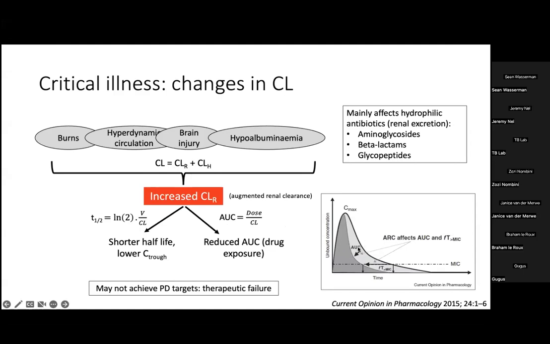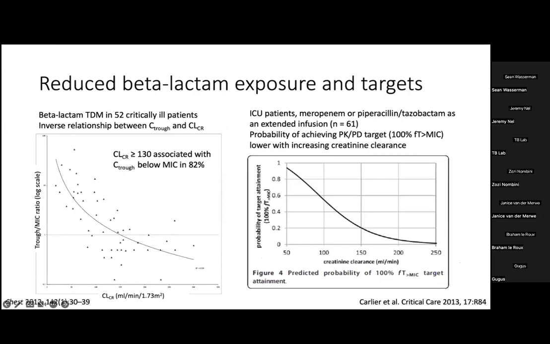And you can see that in the graph on the right, where augmented renal clearance affects both the AUC and the trough concentration, which is lower, and ultimately, for drugs that have an efficacy parameter of time over MIC, less time of the drug in the range over the MIC. And again, it mainly affects hydrophilic antibiotics like aminoglycosides, beta-lactams, and glycopeptides, which are excreted by the kidneys.